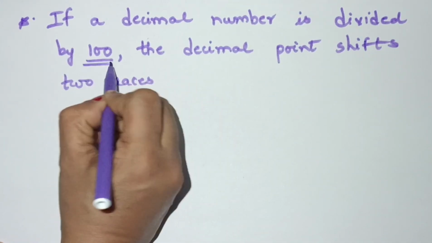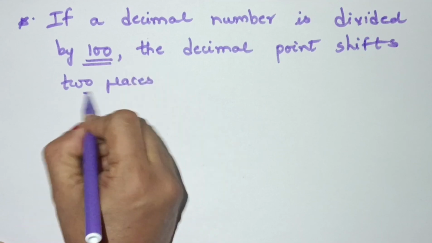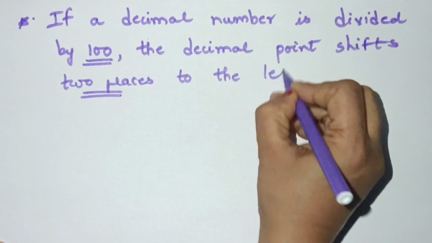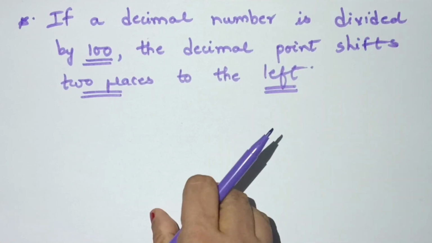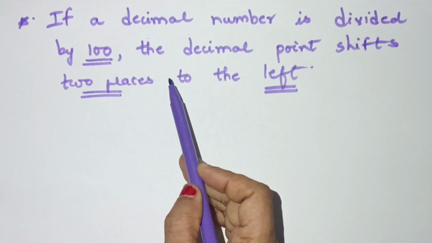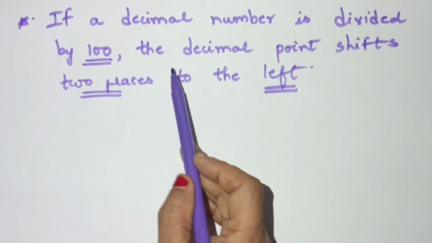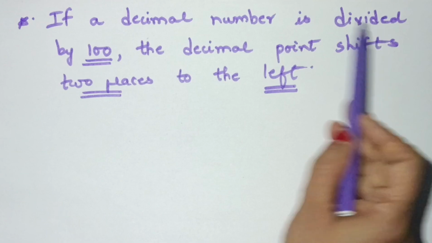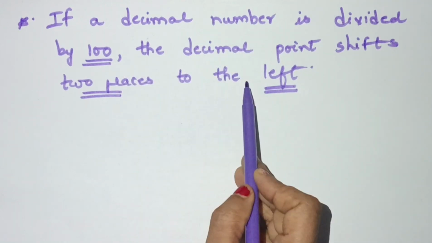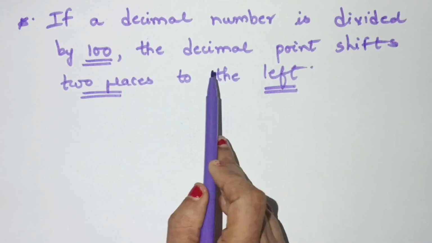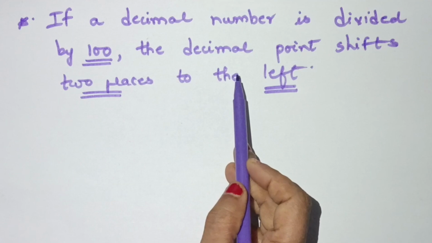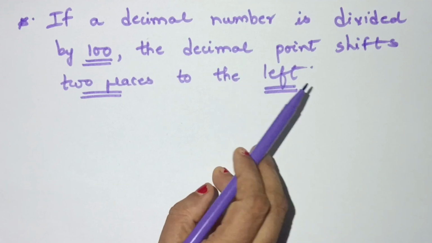Because it is divided by 100, two zeros. So two places to the left. Now in multiplication, what we learnt in the previous class, if a decimal number is multiplied by 100, the decimal point shifts two places to the right. So here the decimal number is divided by 100, so you have to move two places to the left.